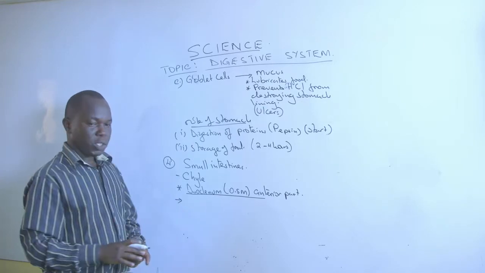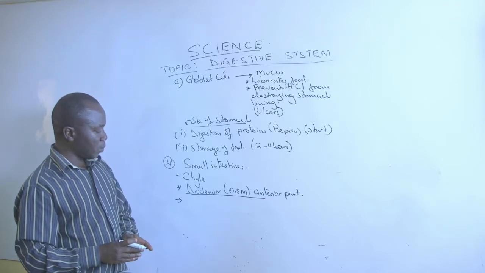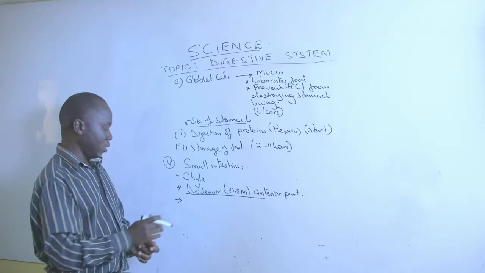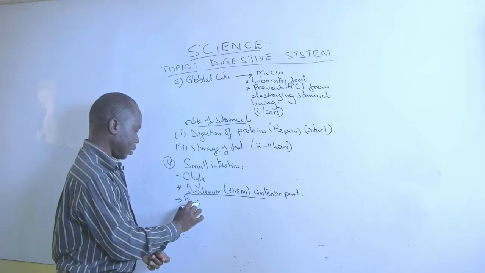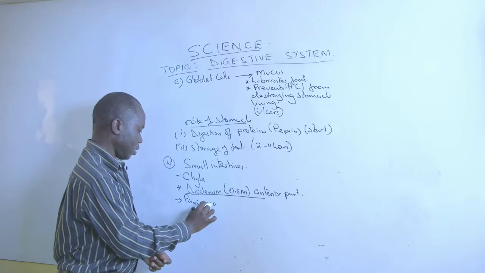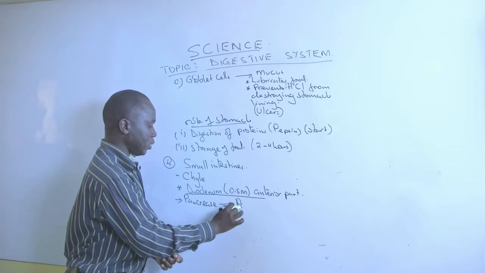But the duodenum usually receives some secretion from 2 places or 2 organs. One of them is the pancreas. The pancreas secretes pancreatic juice.